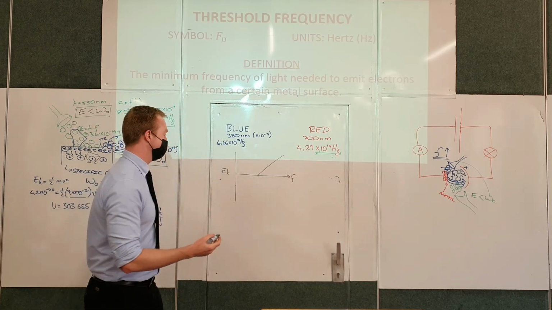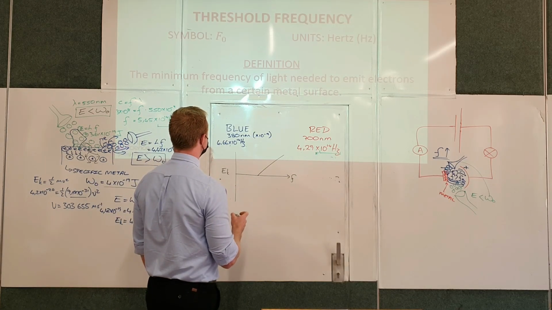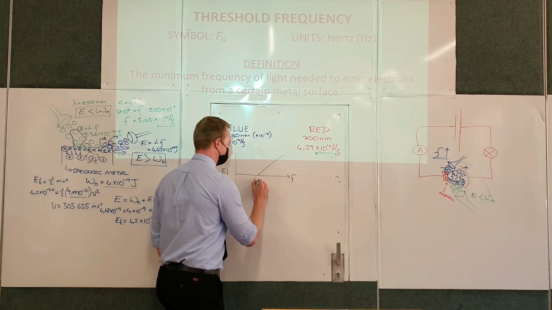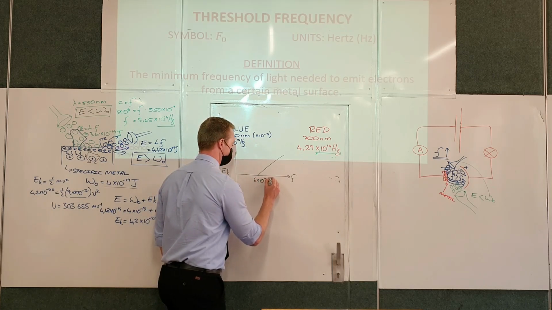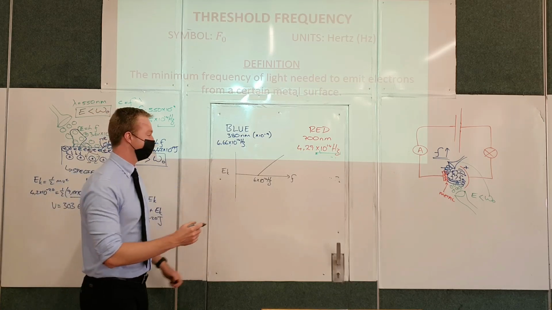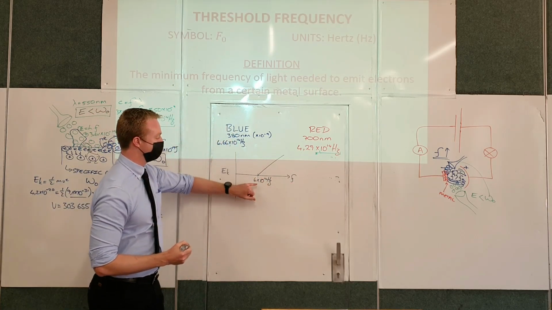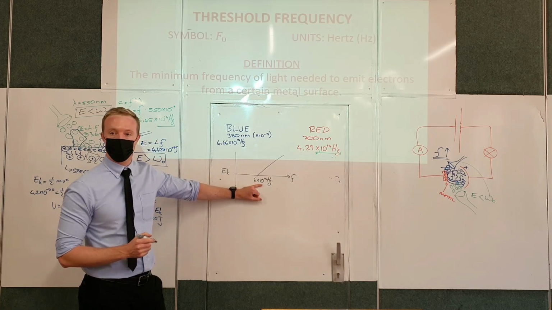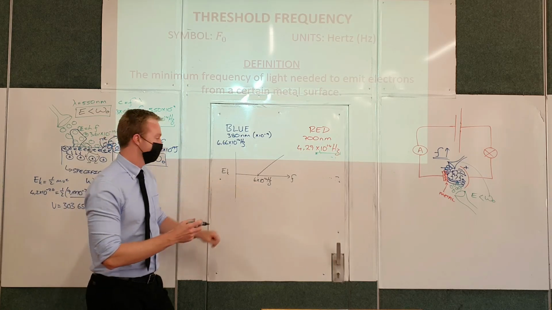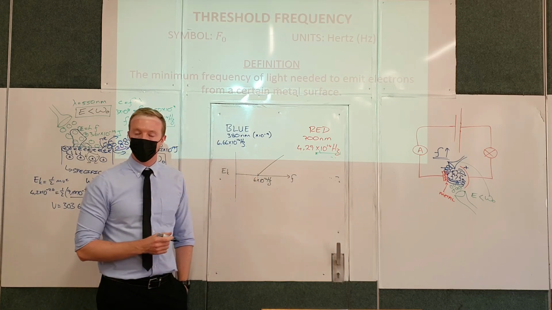So what you should hopefully see, let's just put in a value here. What you should hopefully see is that when the frequency is less than 6 times 10 to the 14 hertz, the photon has no kinetic energy.